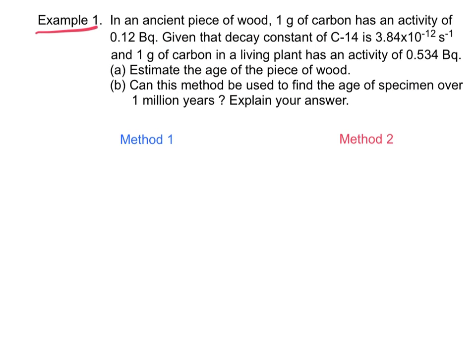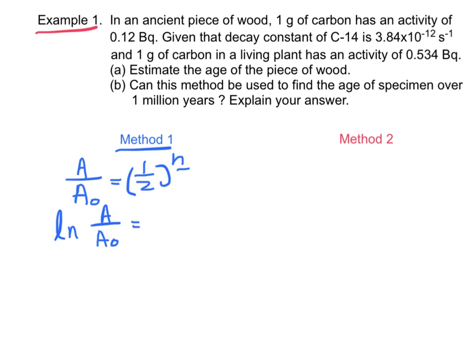Example 1. Method 1. Apply the equation A over A0 equal to 1/2 to the power n, where n is the number of half-lives. We have log A over A0 equal to n log half.